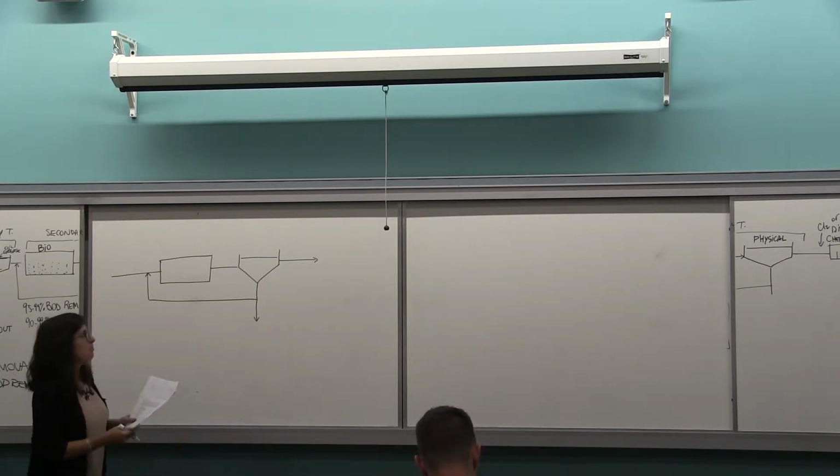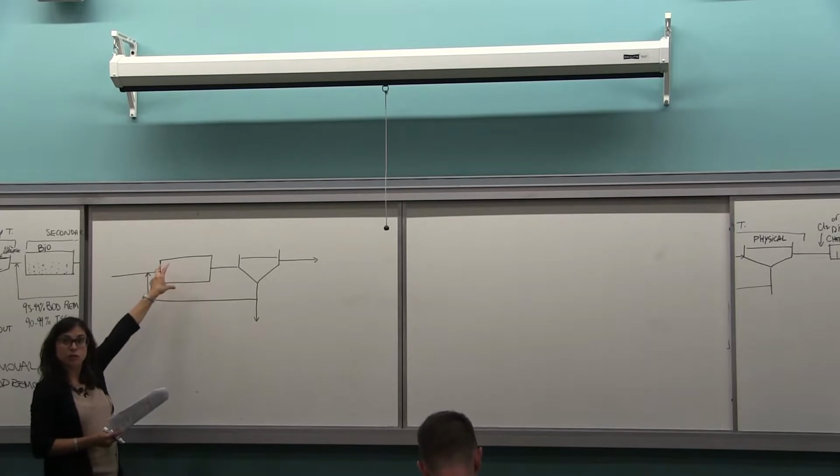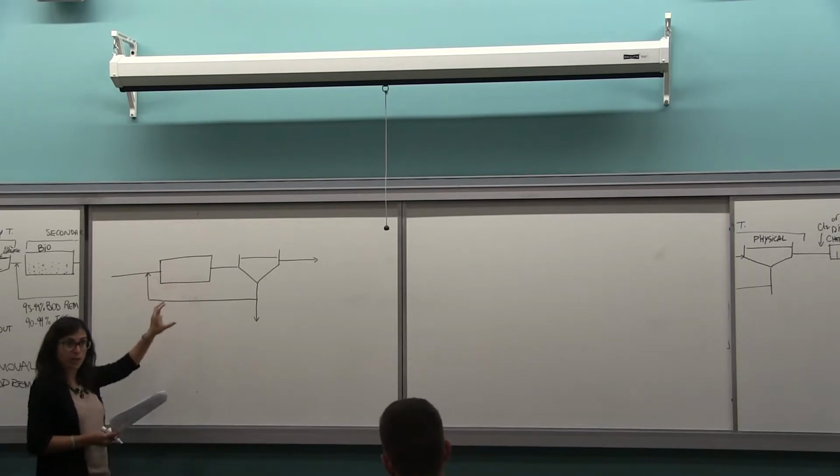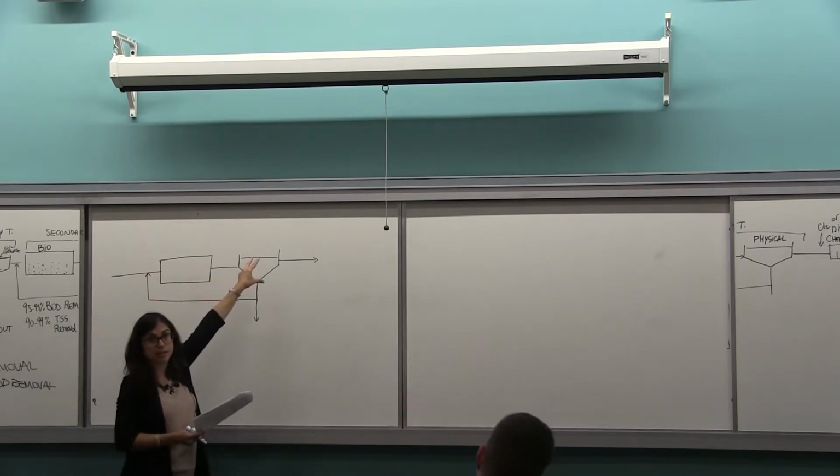The activated sludge system is a combination of the biological unit, the aeration tank, and the secondary clarifier.